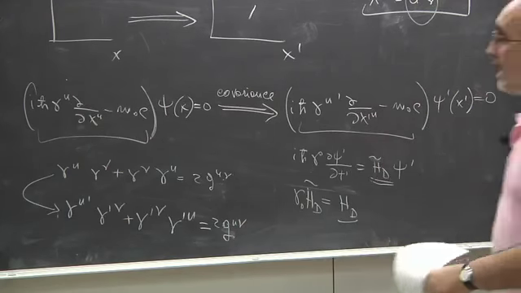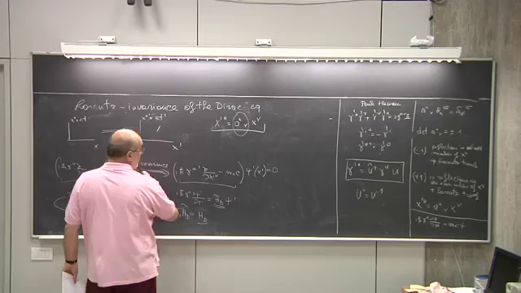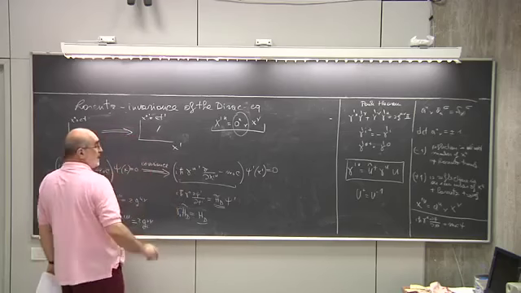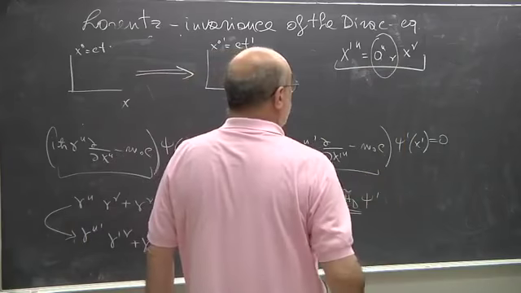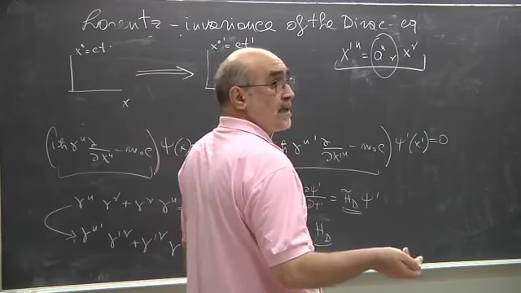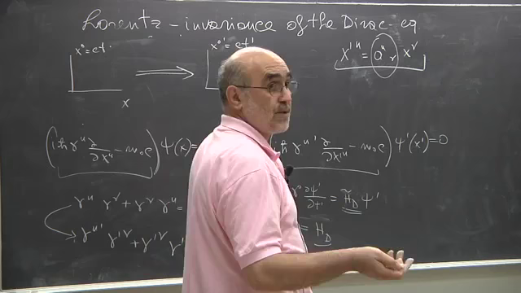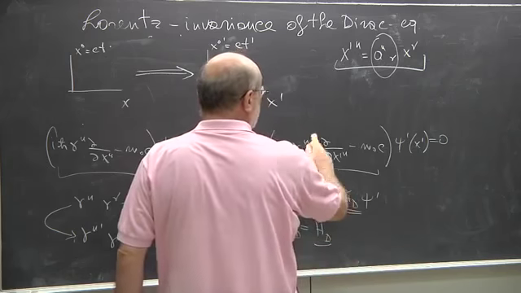So here we can use the same gamma. That means this one and this one are related by a unitary transformation because of Pauli's theorem. But the unitary transformation does not change the physics. We know that, okay? So we can use the same.